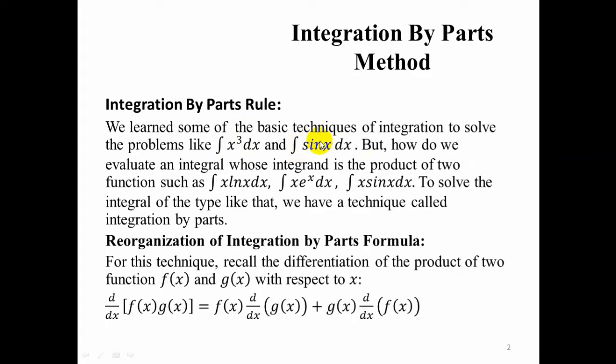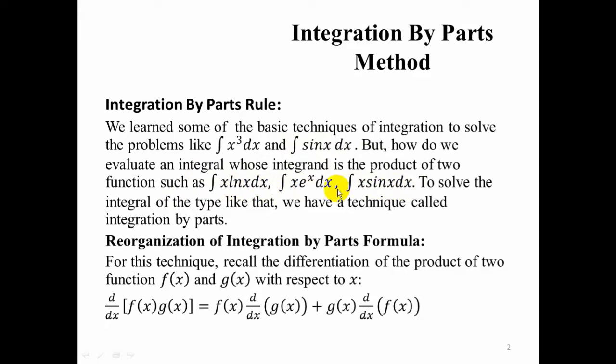Now, dear students, I have already told you that derivative and integration are anti-processes of each other. These are anti-operators. But how do we evaluate an integral whose integrand is the product of two functions, such as integration of x multiplied by log x with respect to x, or sometimes integration of x multiplied by e power x with respect to x, or integration of x multiplied by sine x with respect to x.